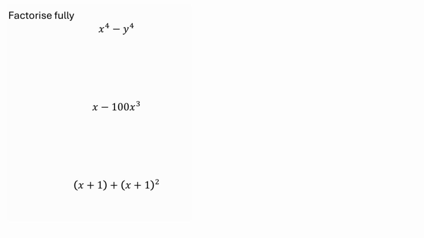Okay folks, in this video lesson, we're asked to factorize fully x to the power of 4 minus y to the 4. Now this is in the form or format of difference of two squares, so you might see it written as a squared minus b squared, which is a plus b times a minus b.